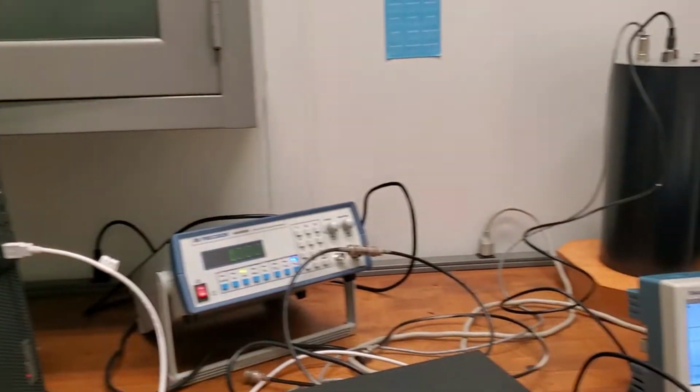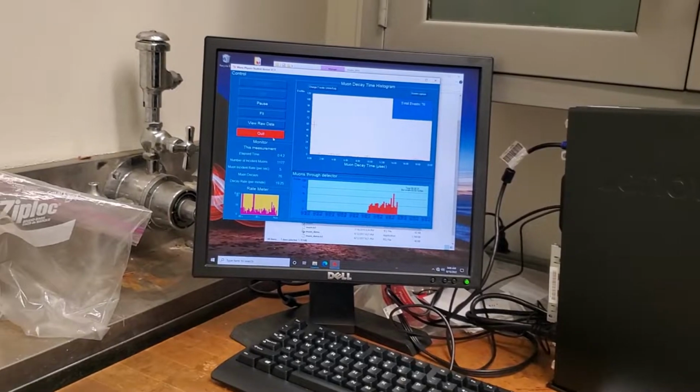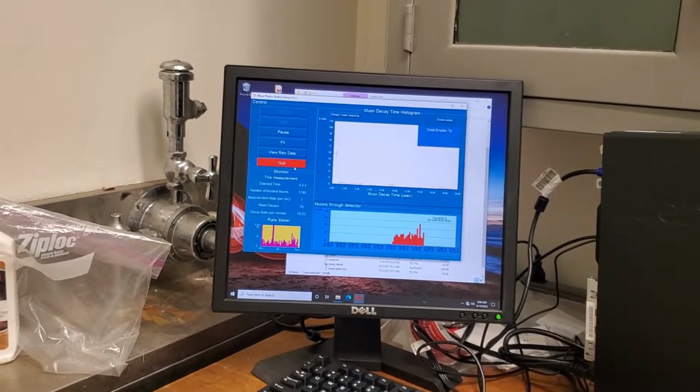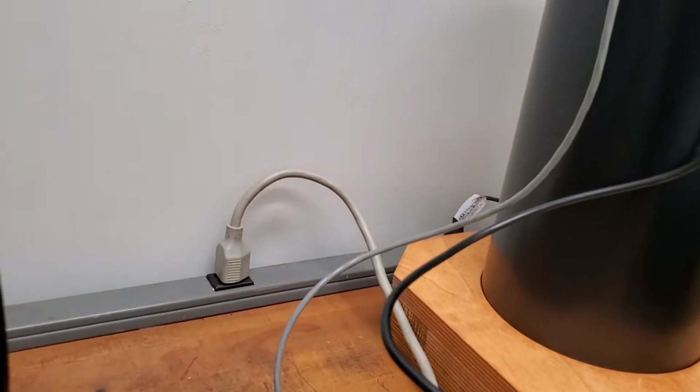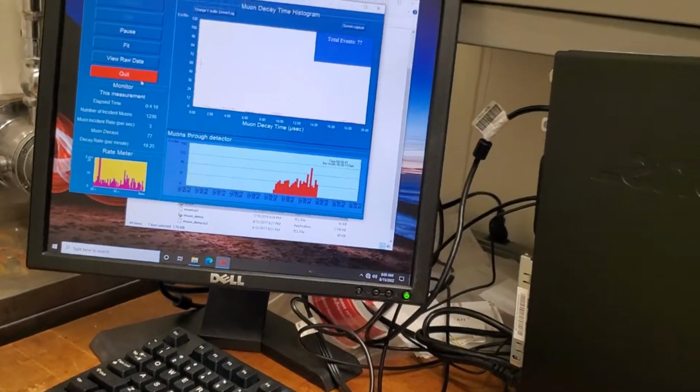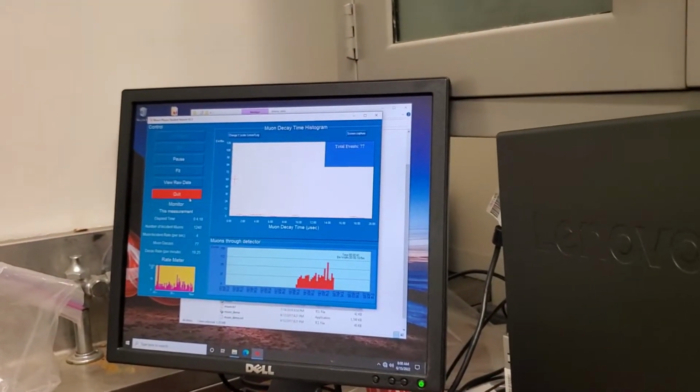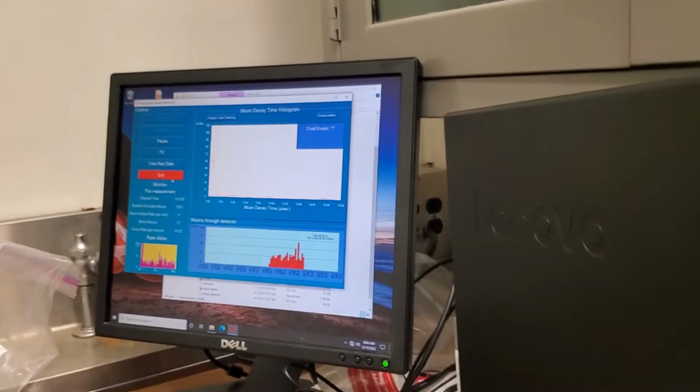So interesting thing to note, I've just realized. The number of muon decays seems to jump whenever I unplug and replug in this computer. There's a laptop I connected to the other outlet. Now watch what happens when I unplug and plug it back in.